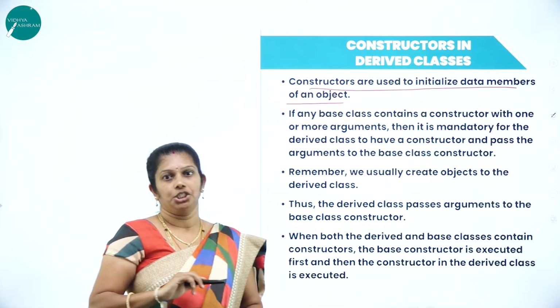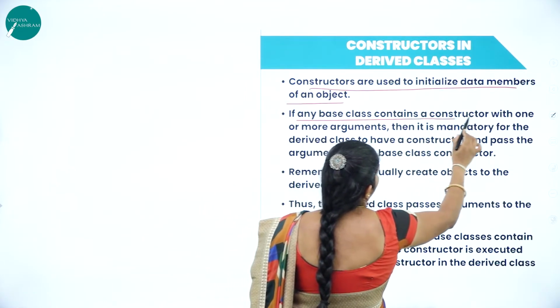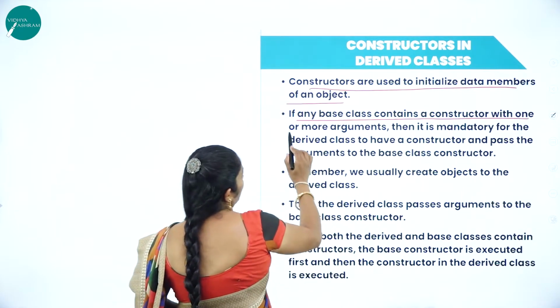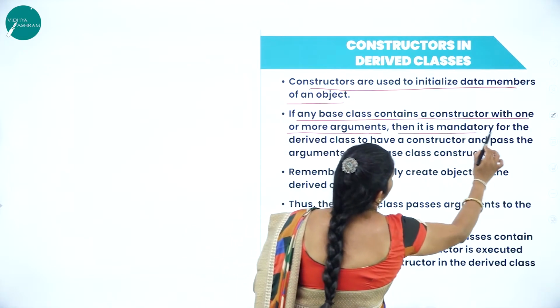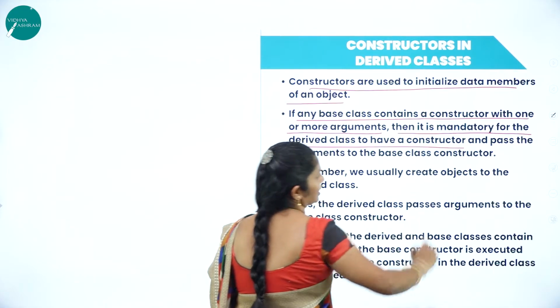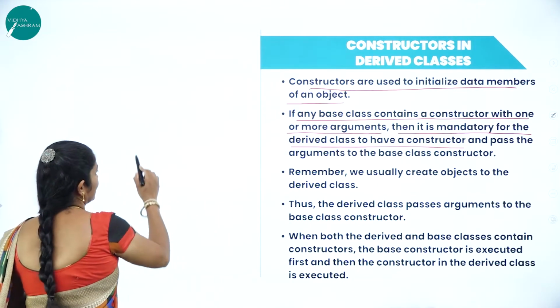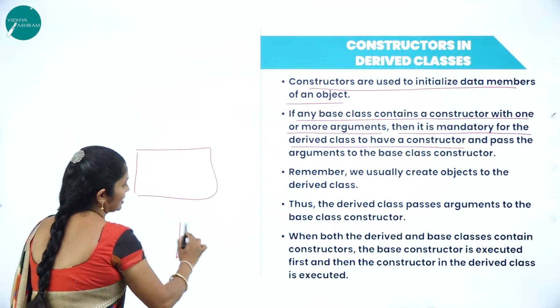Only initialization we are able to perform. If any base class contains a constructor with one or more arguments, then it is mandatory for the derived class to have a constructor. Consider this is the base class and this is the derived class.